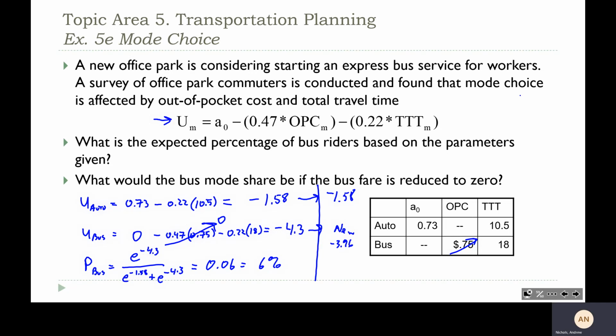So then you could redo this calculation with that new utility value, and you would get a higher percentage, because if you eliminate the bus fare, then it's going to become more attractive and you would have a higher percentage of people taking the bus.